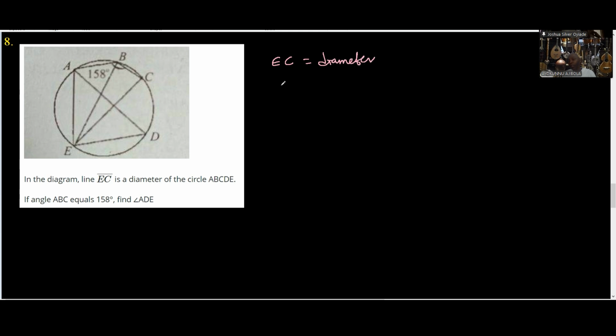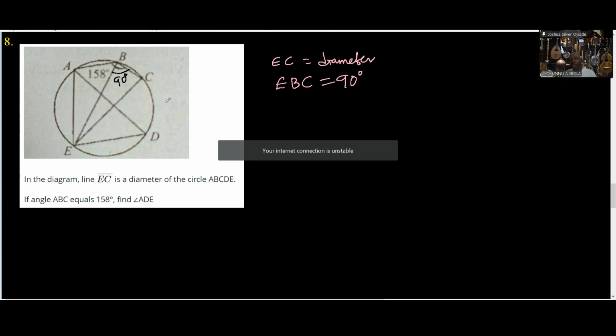This means that angle ECB, oh, sorry, angle EBC is 90 degrees, okay? So if EBC is 90 degrees, this place is 90 degrees. Let me mark it with black. So this place will be 90, okay?